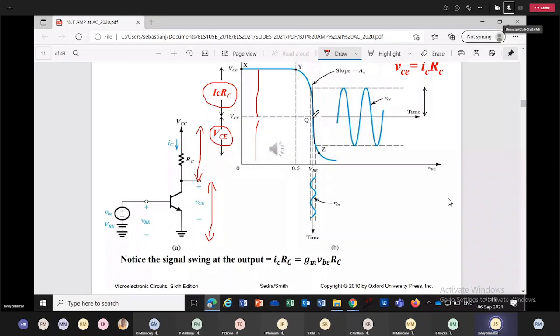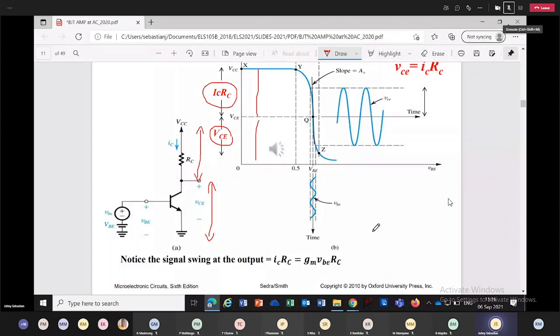If you move the Q point up, you get reduced signal swing before entering cutoff. If you move the Q point down, your negative signal swing will be reduced before entering saturation.